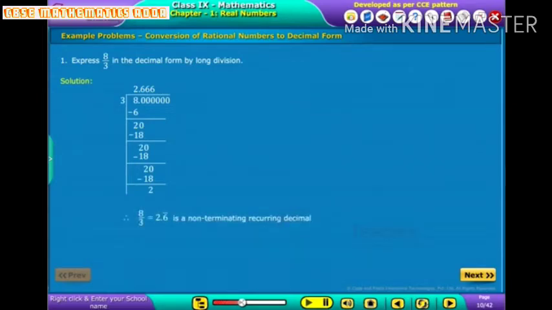Therefore, 8 by 3 is equal to 2.6 bar, which is a non-terminating recurring decimal.